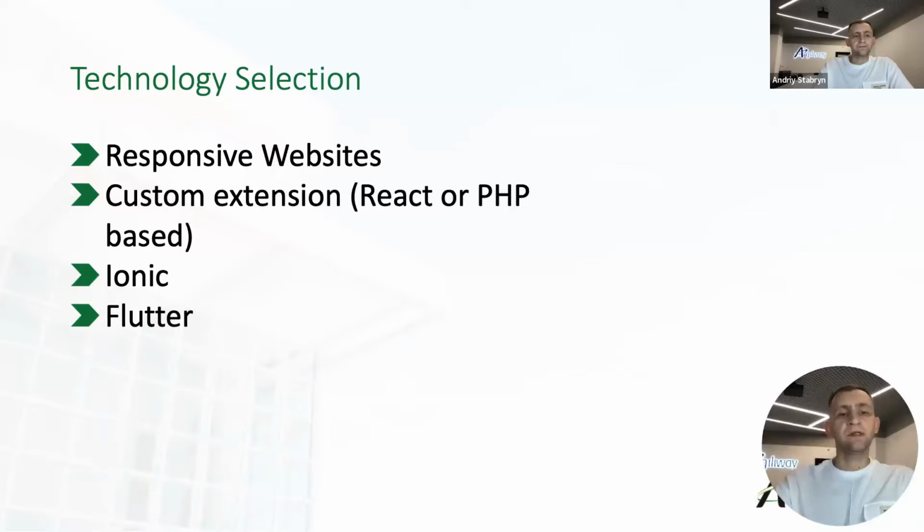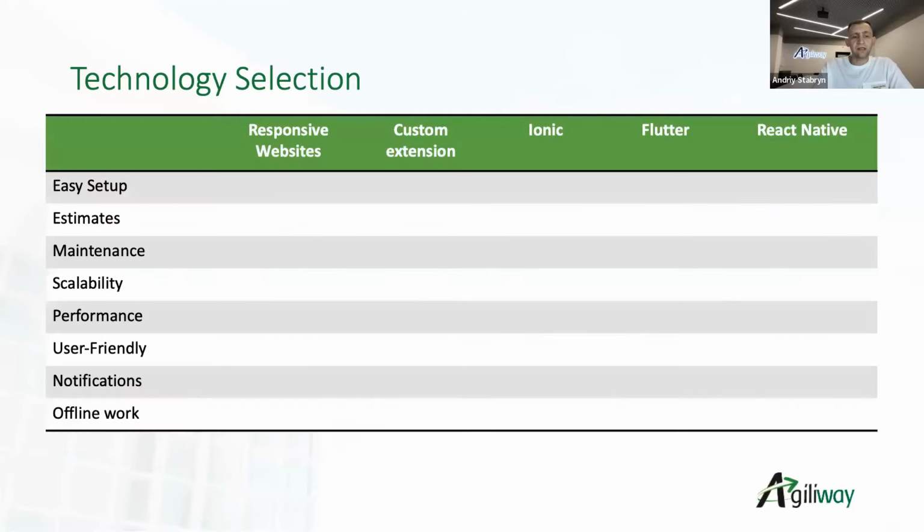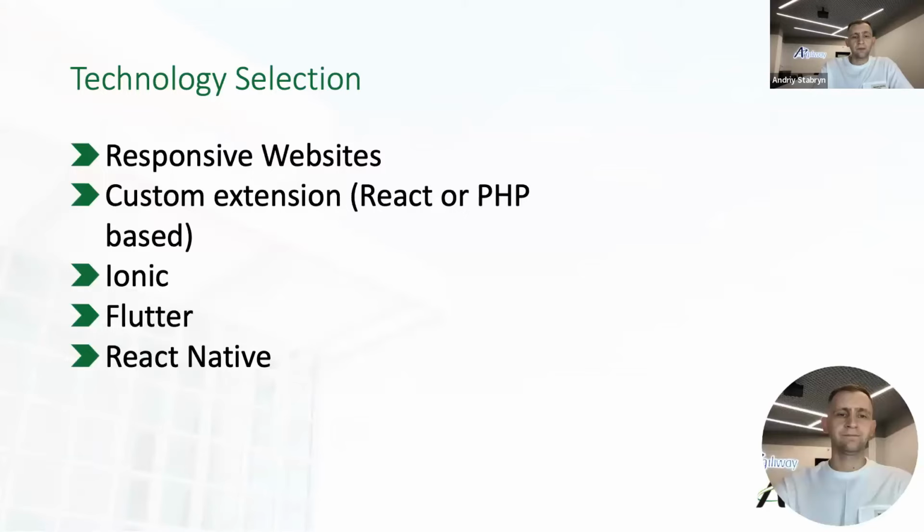And the last item in our list is React Native, another cross-platform solution built on React and JavaScript. It's user-friendly, especially if you are familiar with JavaScript. The cool part is that you can build native apps quickly and have the flexibility to do everything you want by using native code, Java or Swift.